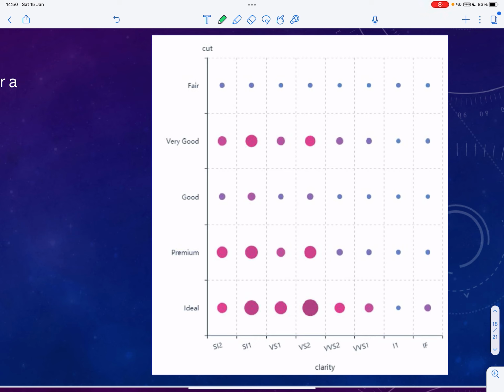The size of the balloon is proportional to those numbers, the frequencies once again, and the color is similar to the heat map. Sometimes balloons work better than the heat map because size is also part of the story and may convey the message more efficiently and effectively.